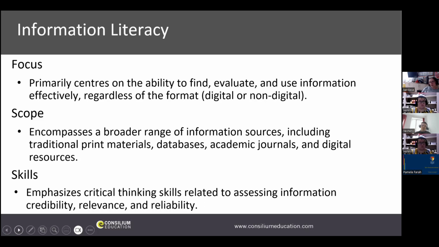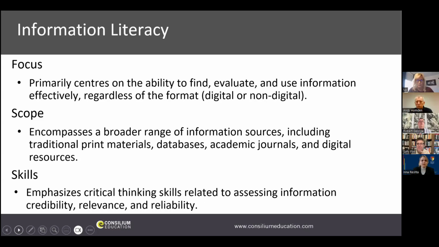So for each of the components of information fluency, I'm choosing to break them down into focus, scope, and skills. I've done this as there is inevitably so much overlap for the three components.